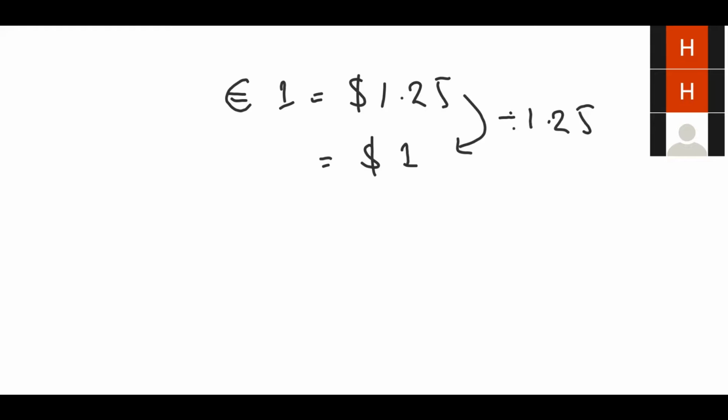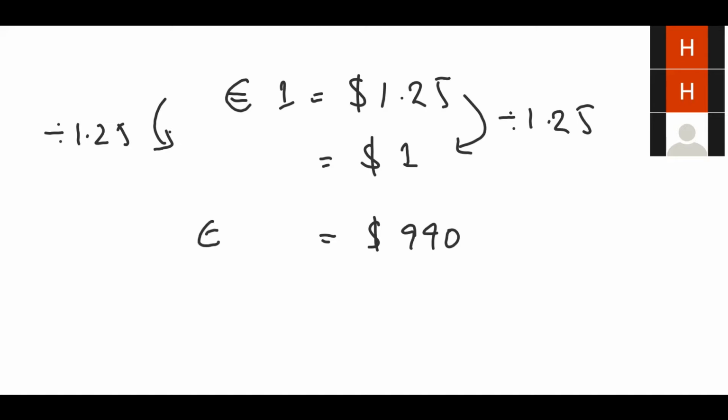Yes. So whenever you're doing that on one side of the equation, you're going to do that on the other side of the equation as well. So when you're converting your euros into your dollars, you're going to divide it by a factor of 1.25. So for example, they told us that we have to find out 940 dollars into euros. What we're going to do is divide the number by 1.25.